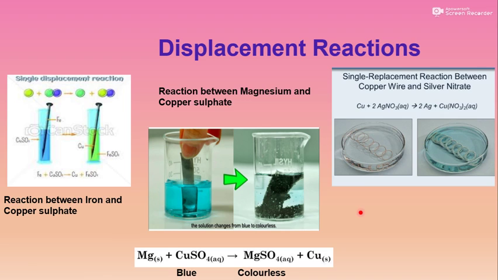In AB, A is a metal which is less reactive, and C is more reactive, more reactive than A. Because C is more reactive, C can easily displace the less reactive metal and form a compound CB. So C, being more reactive, displaces the less reactive metal from its compound and forms a new compound, and this element will be alone here.